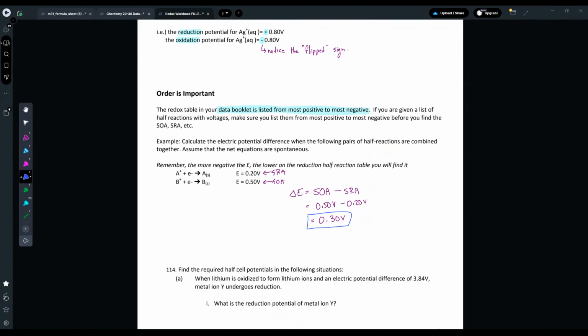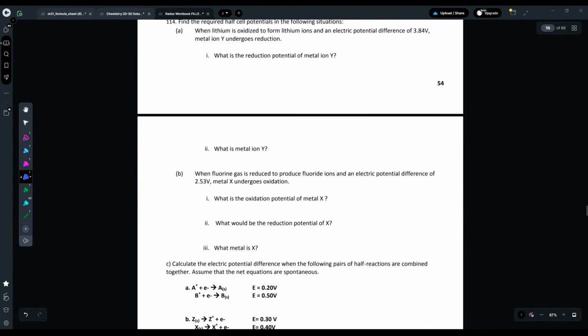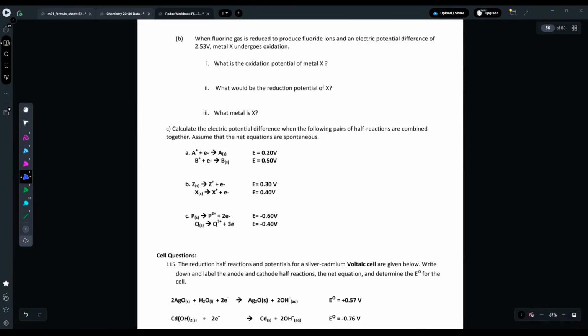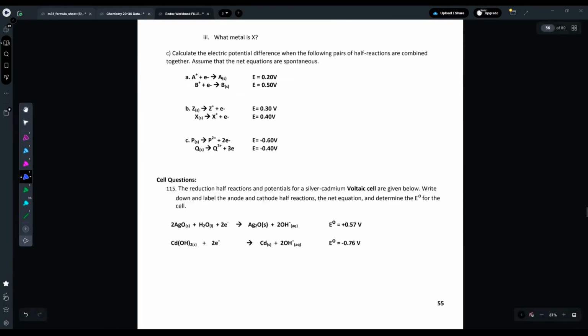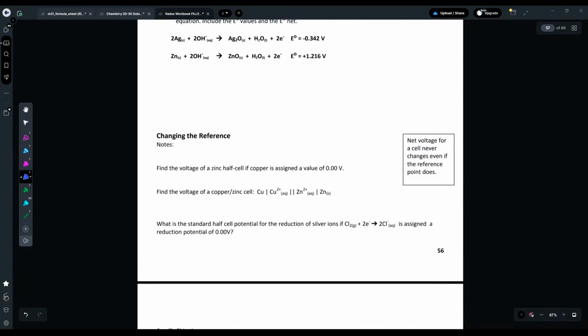That's why we're talking about how order is important, so that if you don't have the identity of whatever substance you're talking about, you can still figure out the question because the electric potentials will tell you what is a better SOA versus a SRA. All right.